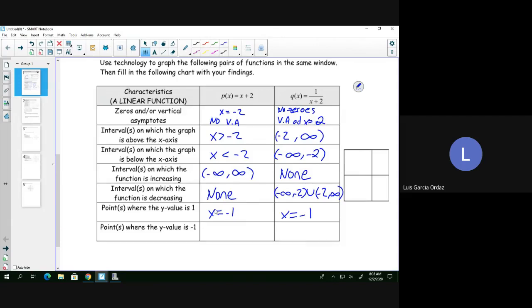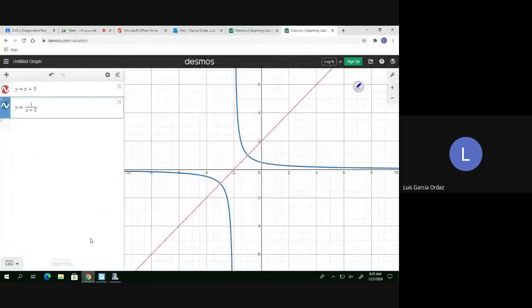Now, next is where is my y value equal to -1 on both of these functions? -3. Yep, for one or for both? Both.